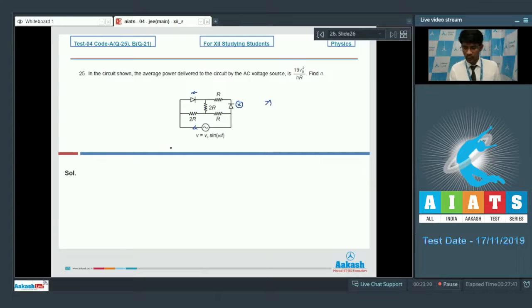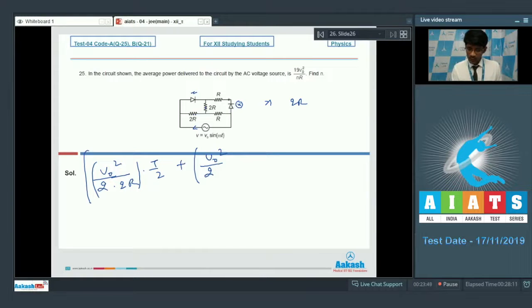So effective resistance for first half cycle would be 2R parallel to 2R, it is R, and in series with R it is 2R. So I would say V0 square divided by 2, RMS value I am taking here, divided by 2R, into time, how much is it? T by 2. This is the energy dissipated in one half cycle. For the another part, V0 square by 2, this is the RMS value, R effective this time.